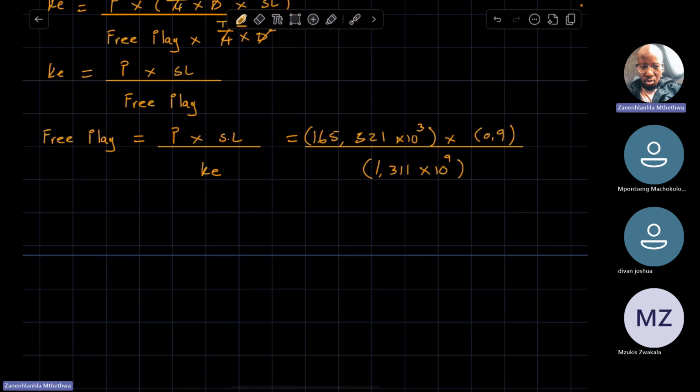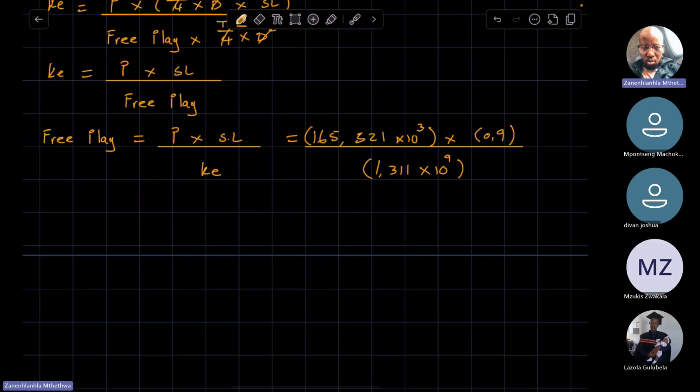So this is 165,521 times 10 to the 3 times 0,9 divided by 1,311 times 10 to the 9. I am getting 0,114, essentially millimeters.